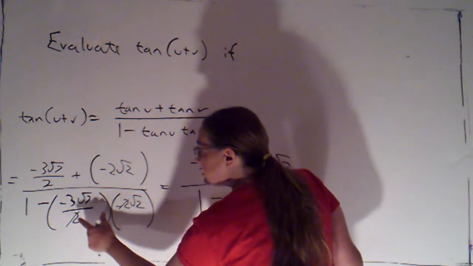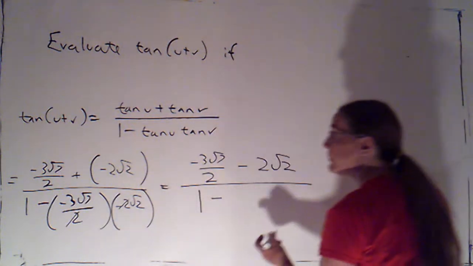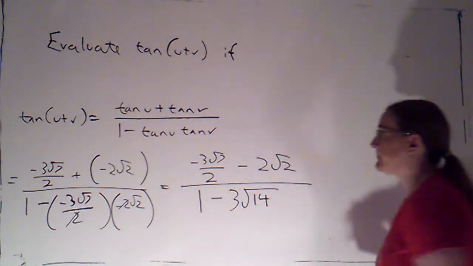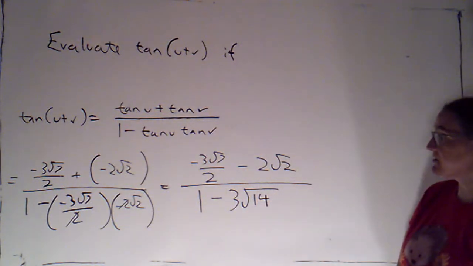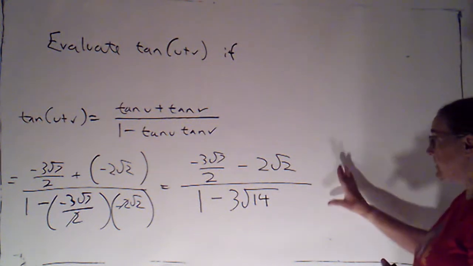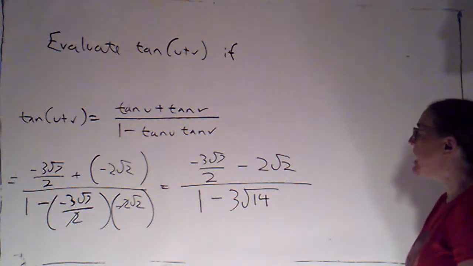Okay. And then let's see. We've got root 7 times root 2 would be root 14 with that 3 in front still. Okay. So we've got a 1 minus 3 root 14 on the bottom. Still a complex fraction because I have a fraction on the bottom here. Okay.